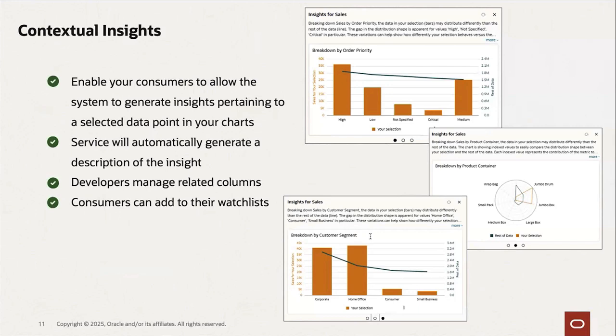Essentially, they give you insights to highlight how differently your selection behaves compared to the rest of the data in the visualization, and can reveal those high levels of contrast. You can add related columns, and again, it's going to give you a visualization about those related columns. And this is something else that you can choose to turn on in the property panel.